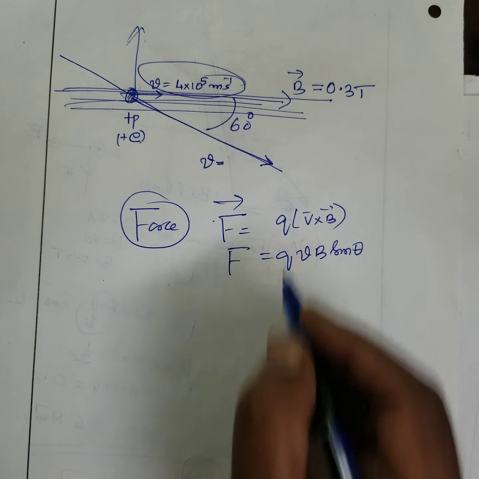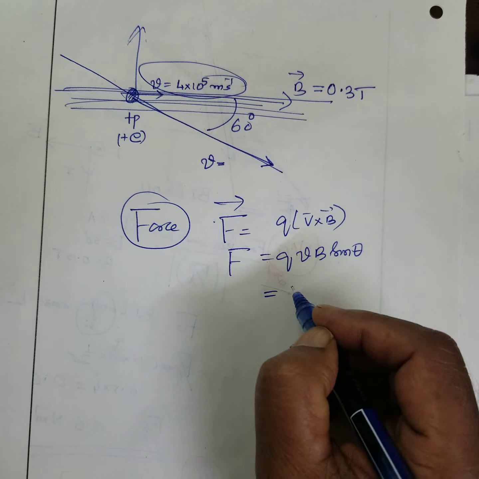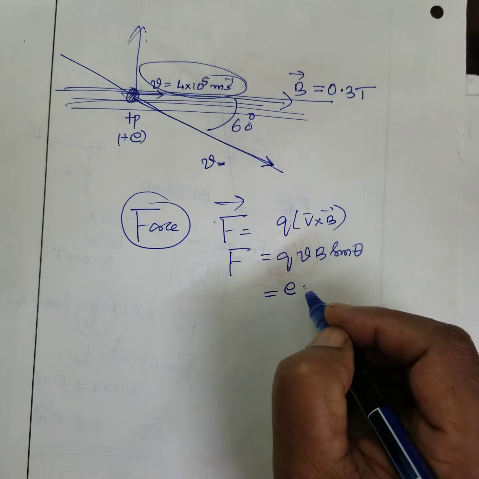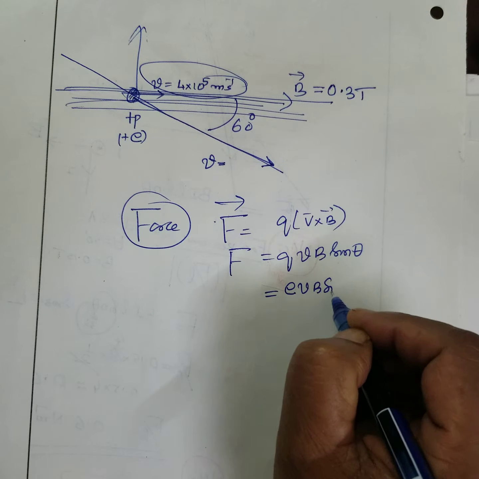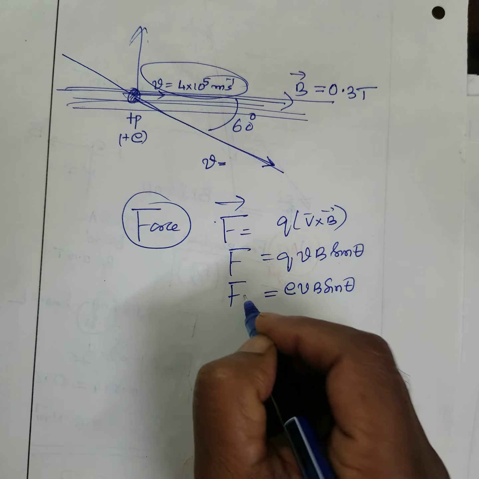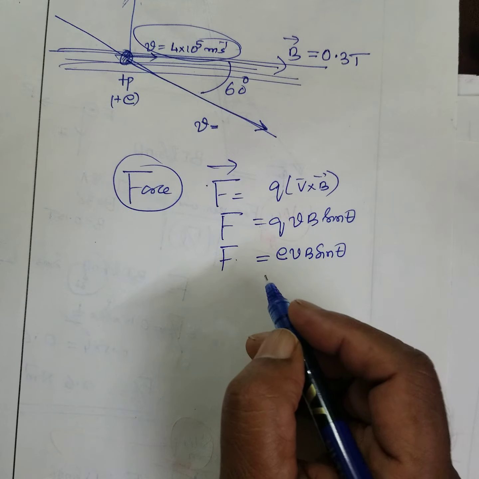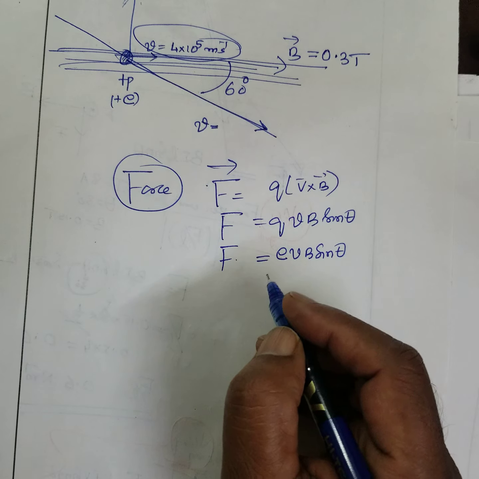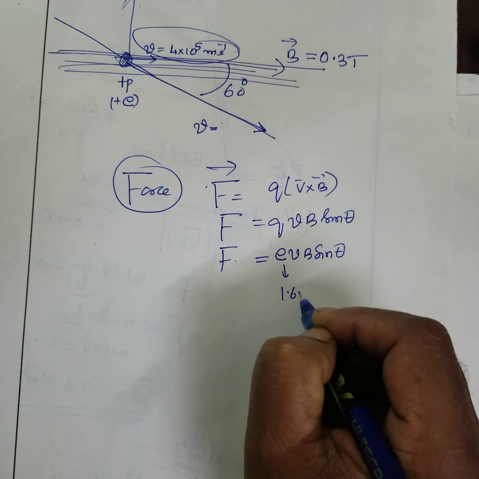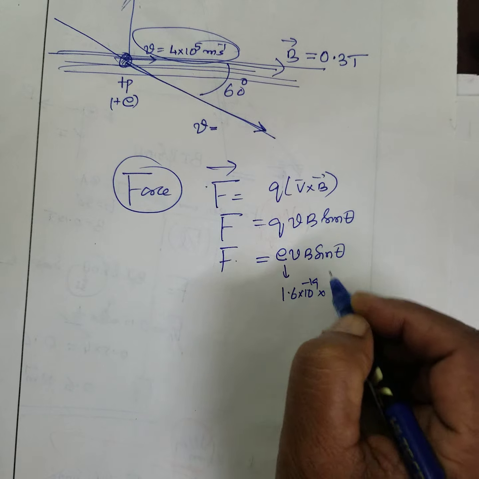Understood? Making an angle of 60 degrees, no? The Q is what? Proton. V B sin theta. Right? Then the charge of a proton is 1.6 into 10 to the power of minus 19 coulomb.